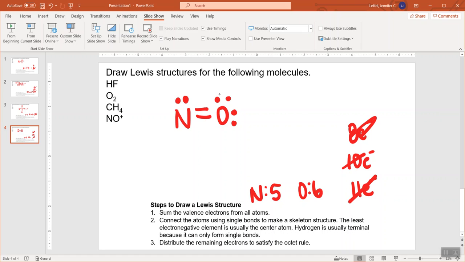So I'm going to go ahead and move another pair of electrons into this bond. So now we have a triple bond. And that triple bond gives nitrogen 6 plus 2, which is 8. Oxygen will have 6 plus 2, which is also 8. Everybody has an octet here. And since this is an ion, we're going to go ahead and indicate that by writing the charge.